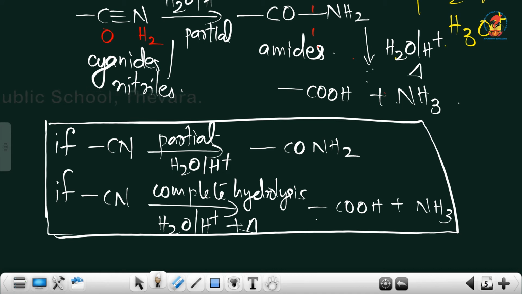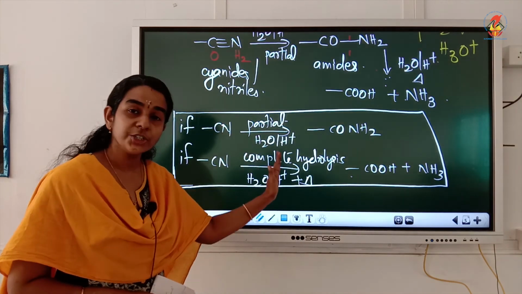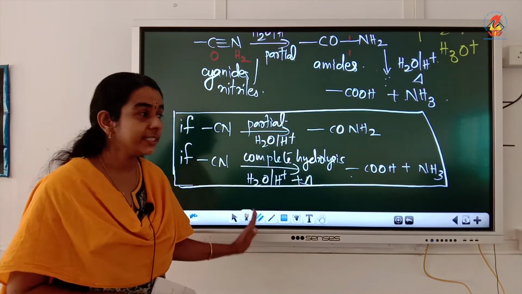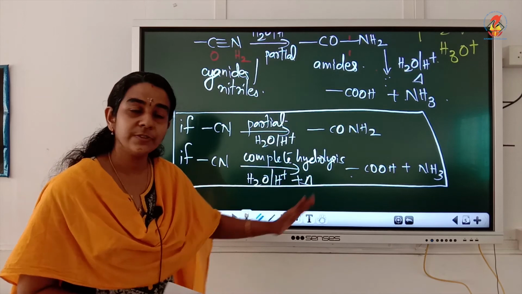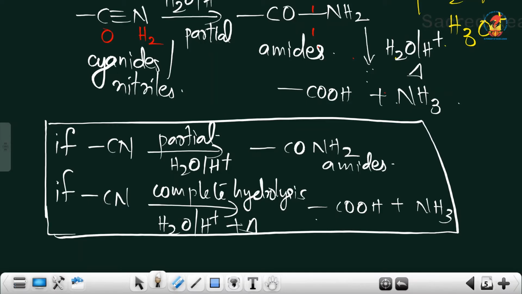So this is about the hydrolysis of cyanides. Remember, there is partial hydrolysis and complete hydrolysis. The partial hydrolysis product will always be amides. For complete hydrolysis, above or below the arrow there should be delta or heat, and the product will be acid.